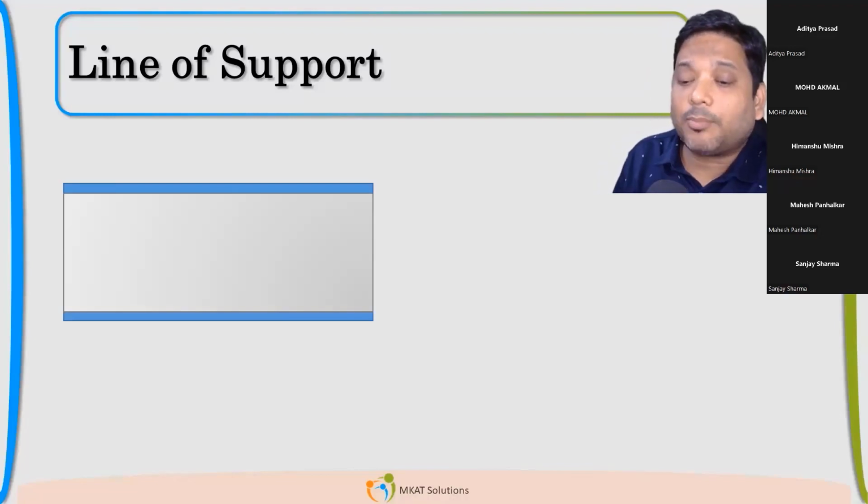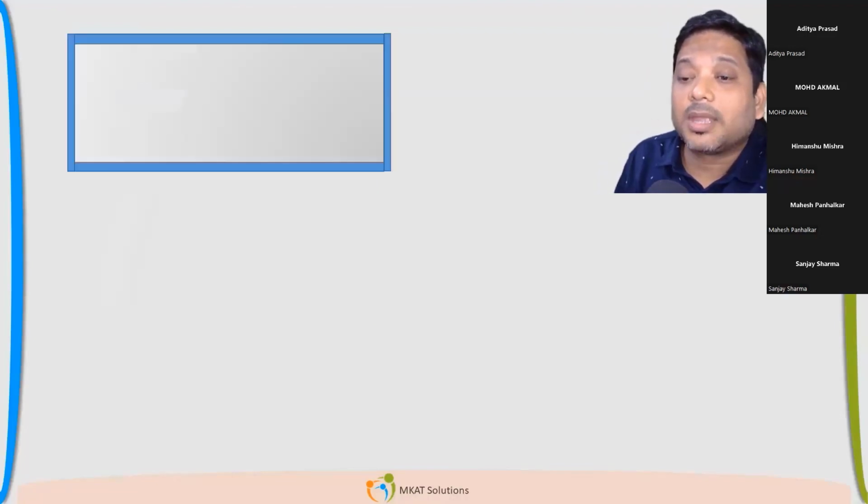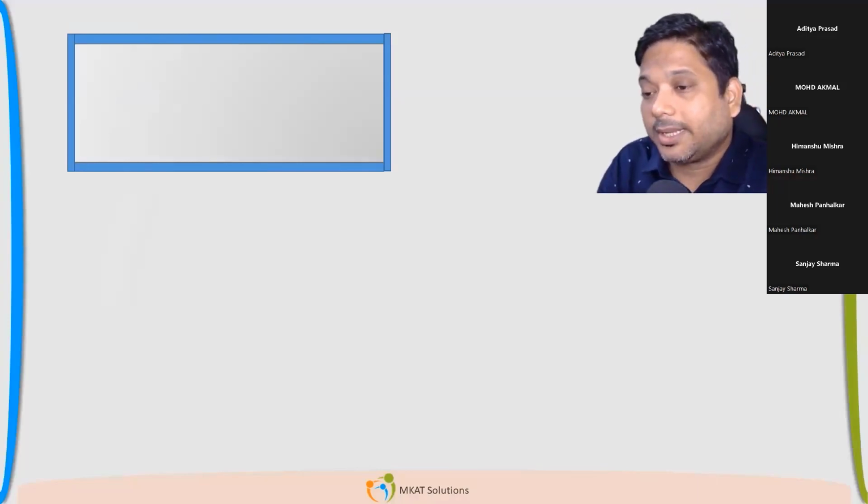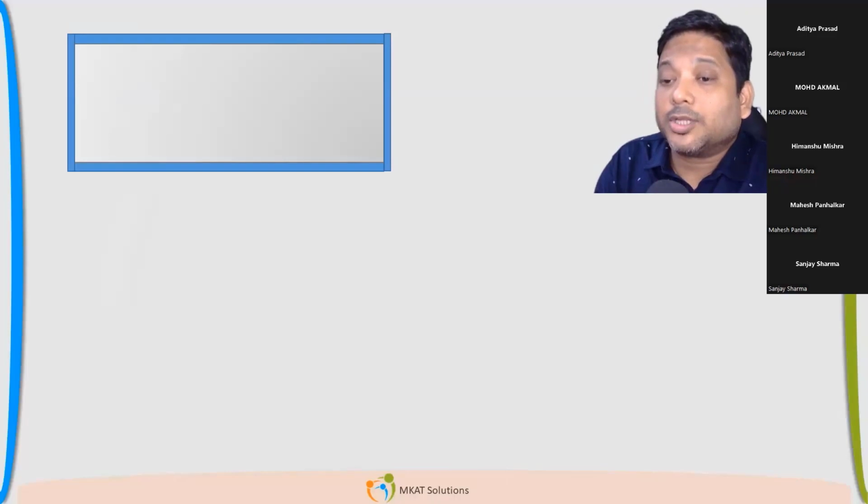Now, if I just modify this figure a little bit, if I weld two flat heads, okay, I have added two flat heads at both the ends. Now, is there line of support present in this cylinder? Say yes, no. Is there any line of support present in this case now? Yes, yes, great.